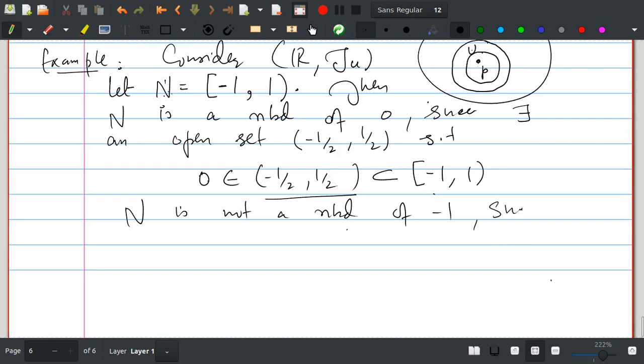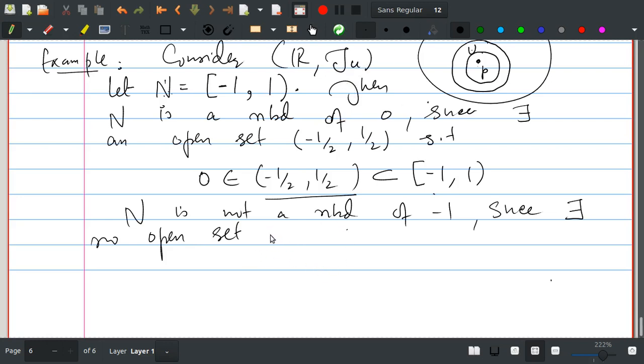The reason is that there exists no open set. When I say open set, one should remember the topology with respect to which we are taking our open sets. Here we have the usual topology, so by open set I mean an open interval or a union of open intervals.